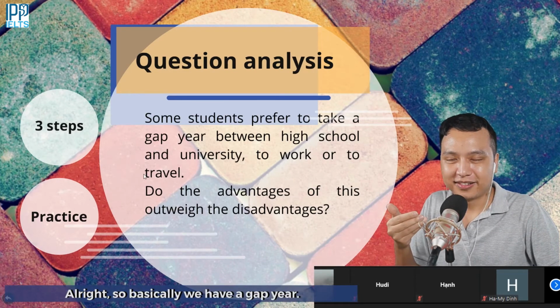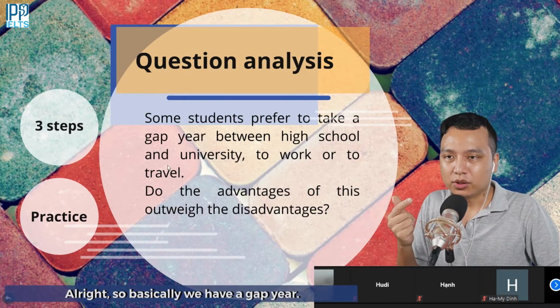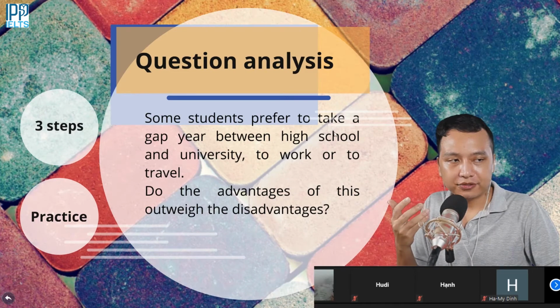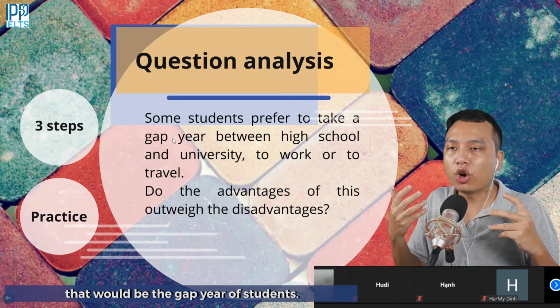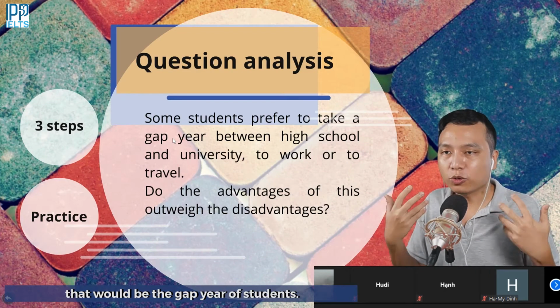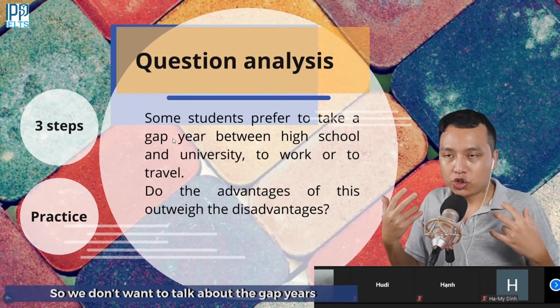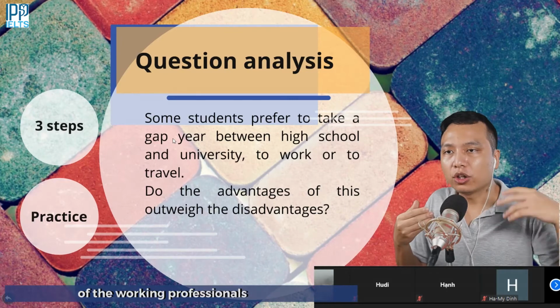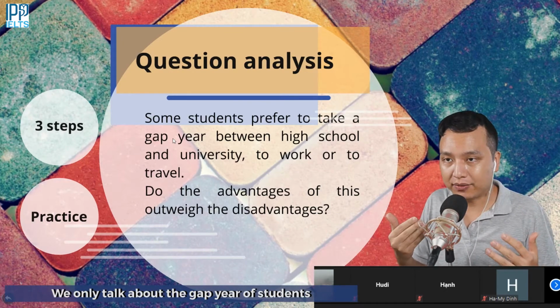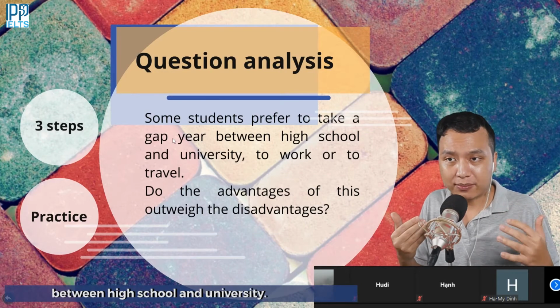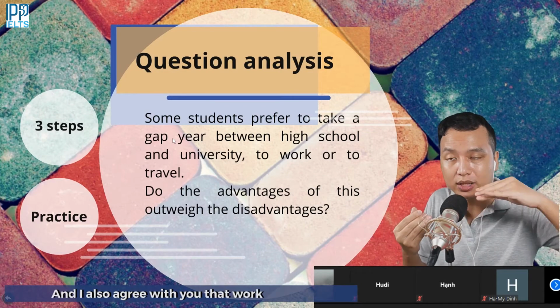Alright. So basically we have a gap year, of course, but this is not the gap year of just anyone. That would be the gap year of students. So we don't want to talk about gap years of working professionals. They are irrelevant. We only talk about the gap year of students between high school and university.